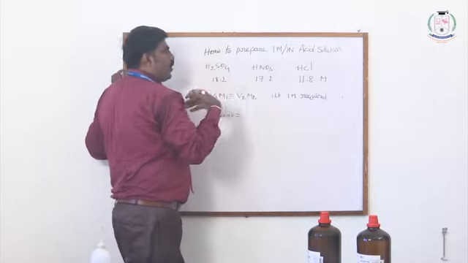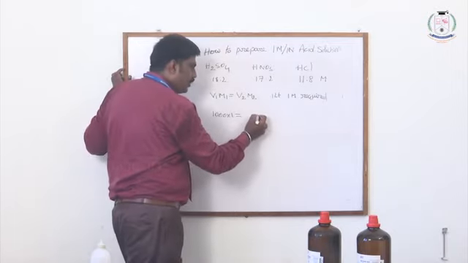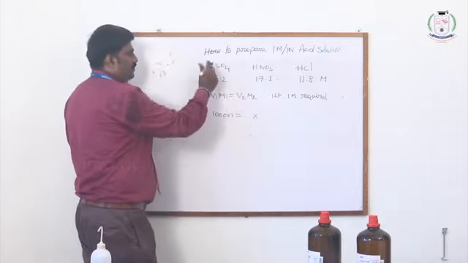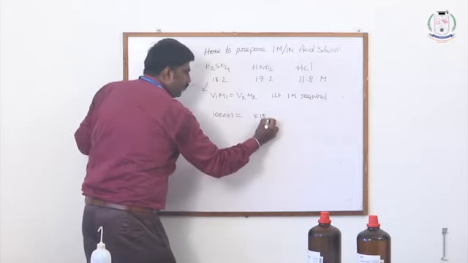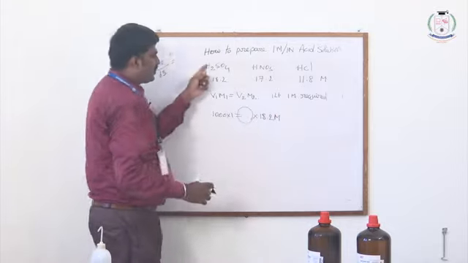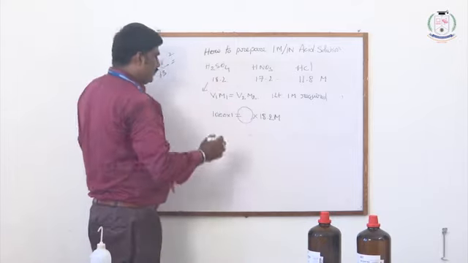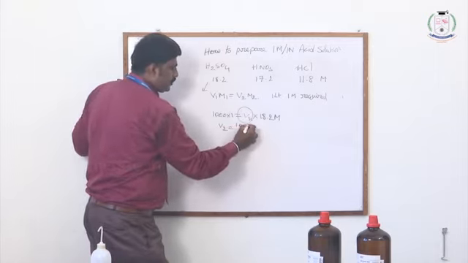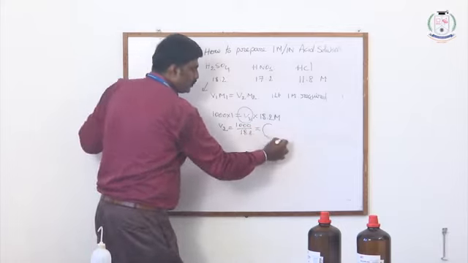And how much volume of the original concentrated acid do we have to take? That is the V2. Let us first take sulfuric acid for the 1 molar solution. We have an 18.2 molar solution, but we don't know how much volume of sulfuric acid is to be taken for preparation of 1 molar sulfuric acid solution. If you want V2, it is very simple: 1000 by 18.2, and you will be getting the volume in ml.